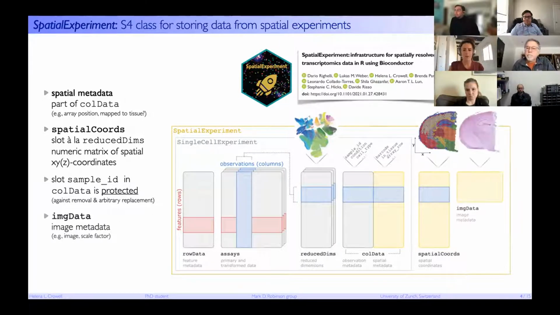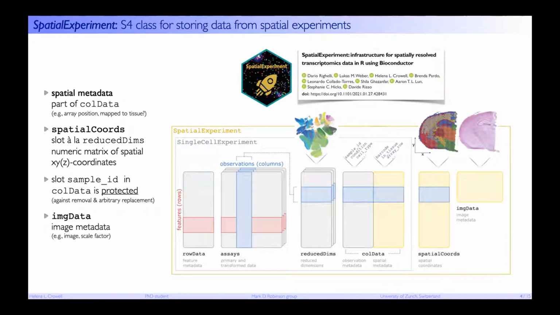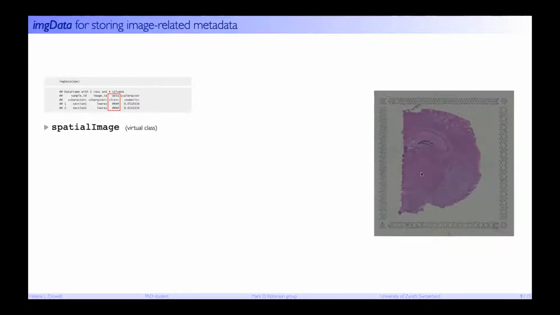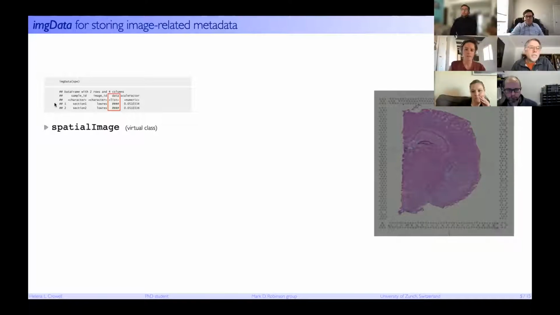And most importantly, we have the imgData, and I will talk about that in a lot more detail on the next slide. And this stores all image-related metadata. What does that look like? So the way it currently is after many iterations is a DataFrame, where every row is a unique image entry that has a sample ID and image ID associated with it.